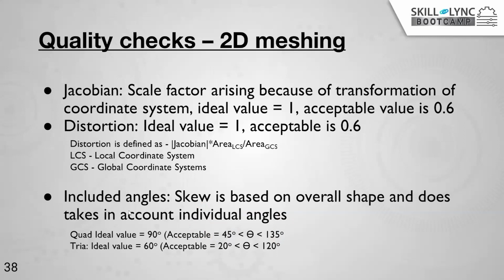Skew is based on overall shape, and coming on to the individual angles, for example, for a square, the individual angle is 90 degree. For an equilateral triangle, individual angle is 60 degree, right? But since that is not possible, they have mentioned an acceptable limit. For quad, it's 45 to 135 degree. For tria, it's 20 to 120 degree. This is the range in which your included angle should lie.